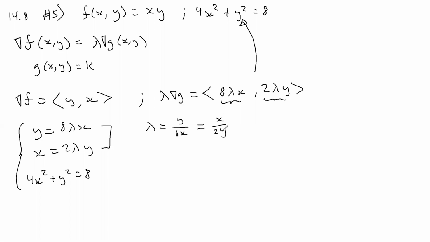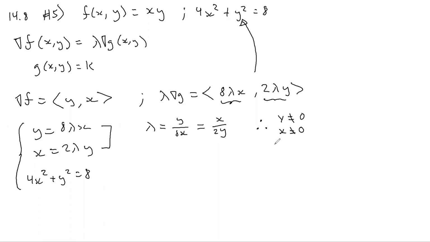And this also implies, because we have y and x in the denominators, that y cannot equal 0 and x cannot equal 0, right? Because if so, we're dividing by 0, and that cannot happen.